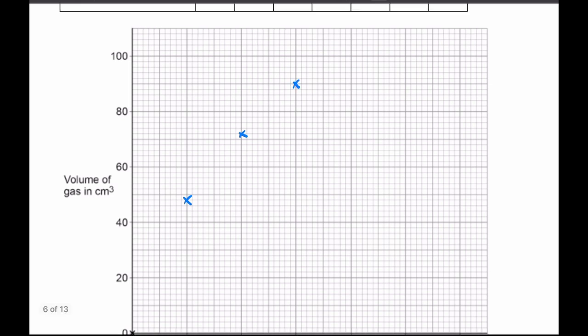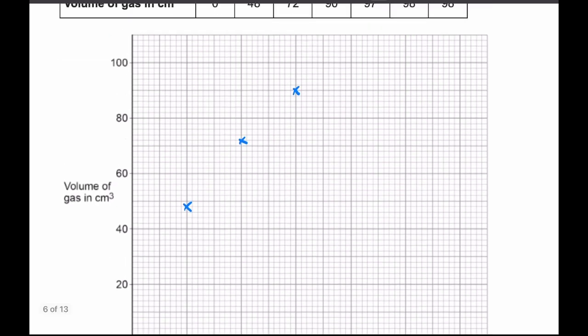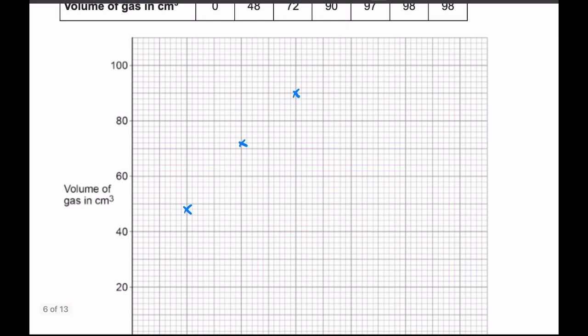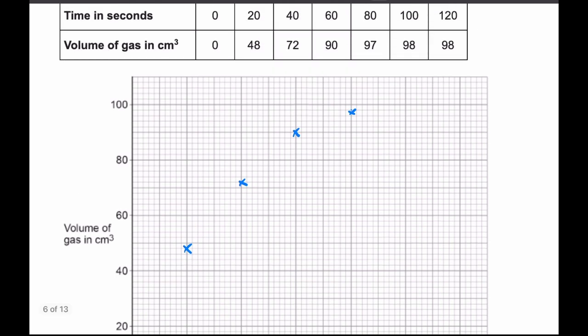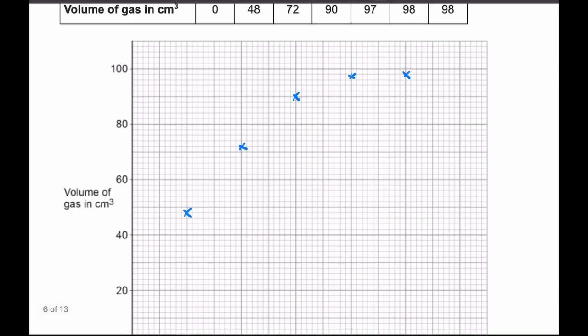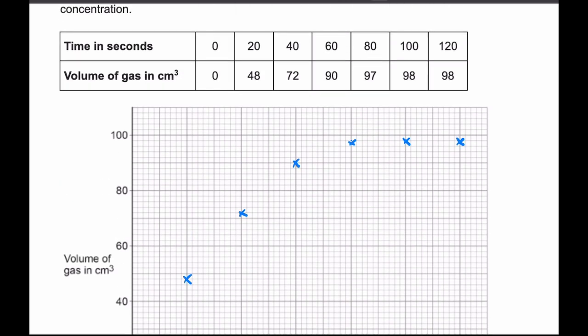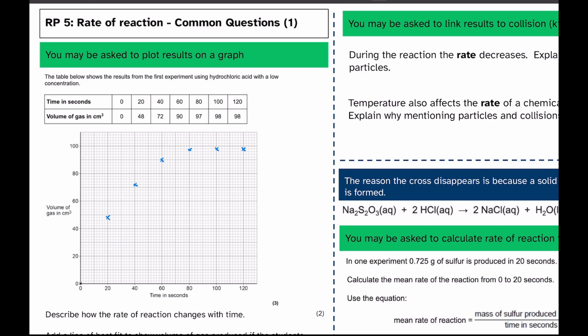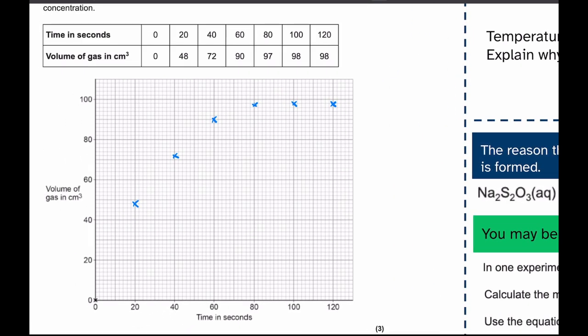We want 80 and 97, so 98 is there, so 97 is here. Then 100 and 98, and 120 and 98. So again, we can see we have got a very obvious curve. So I'm just going to join that curve.